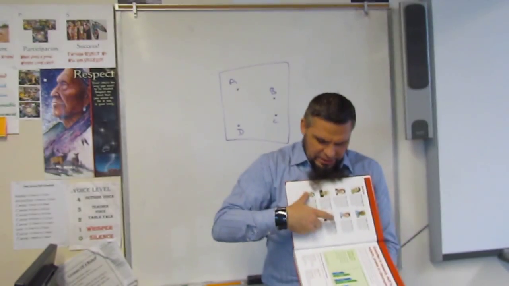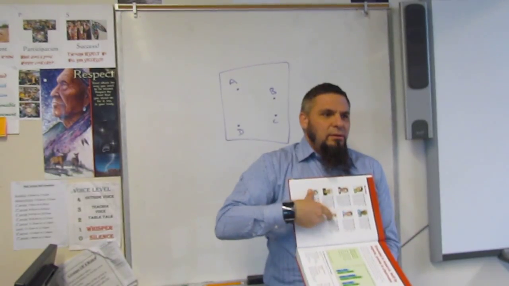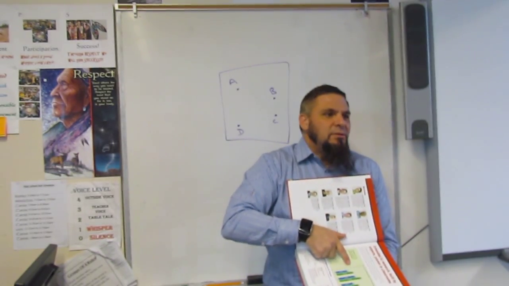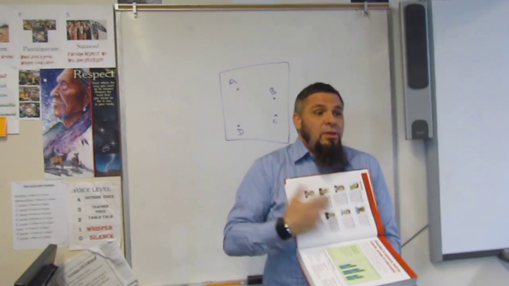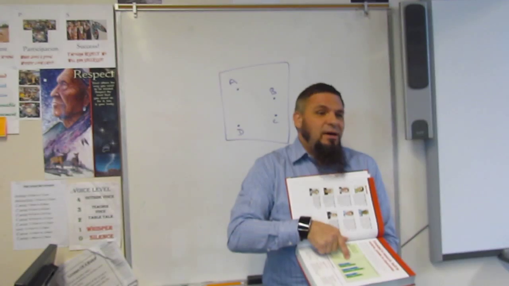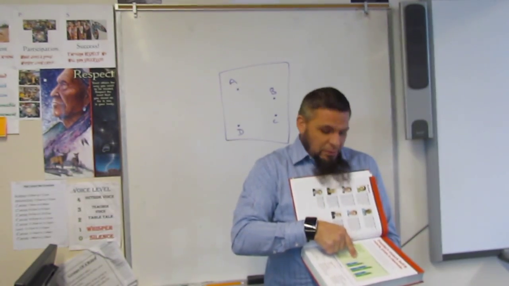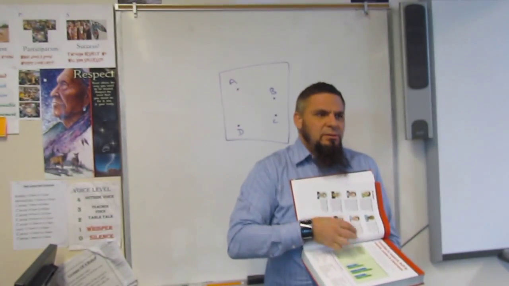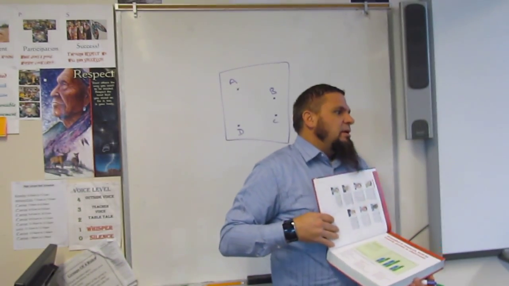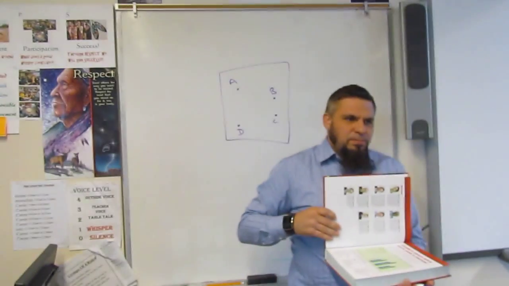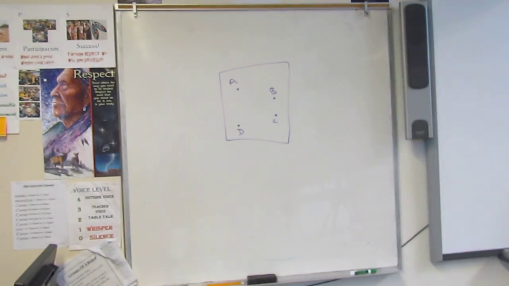But if I take a look at these 3 and this 1, now we're talking about non-coplanar points. This 1 point is not on the same plane as these 3 points. Does that make sense? Okay? That's the whole idea of non-coplanar versus coplanar.